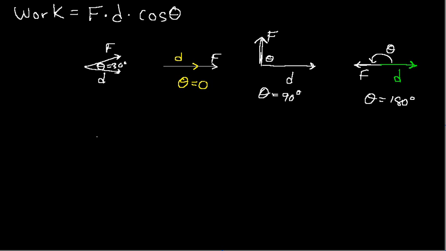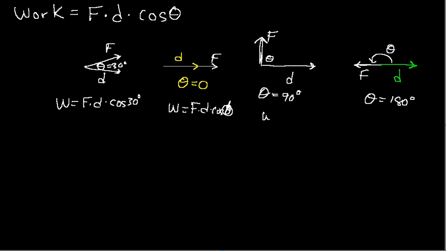So if we wanted to calculate the work done by the force in each one of these cases, in this case the work is force times distance, the magnitude of this force and the magnitude of this displacement, times the cosine of 30 degrees. In this case, the work is force times distance times the cosine of 0 degrees.